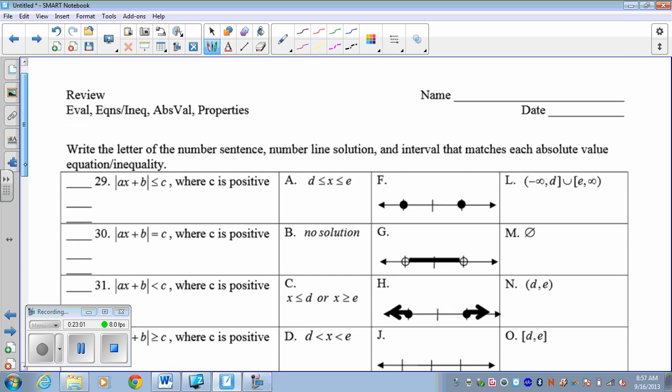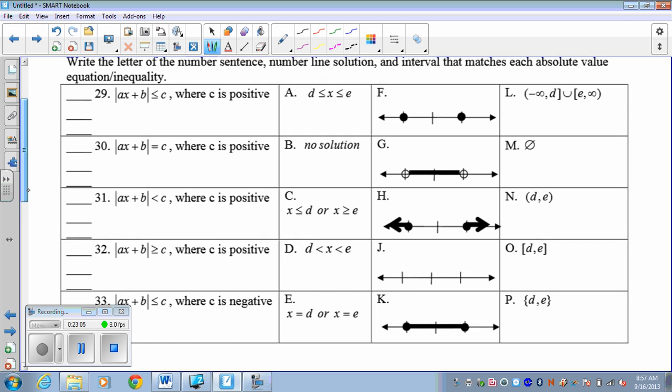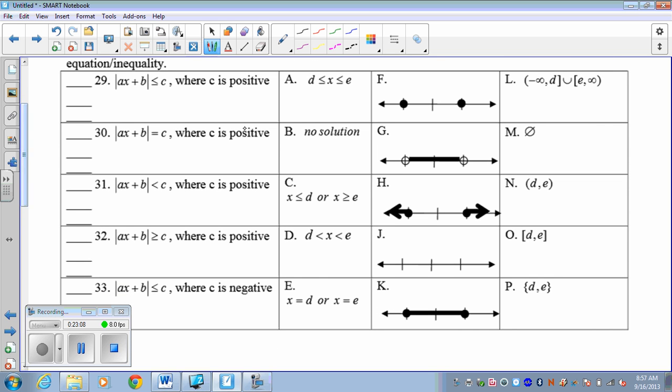Last but not least, you can basically use your pink chart to help you out with this, but I'll go ahead and fly through it here. The graphs are probably the easiest thing. Less than or equal to, you know it turns in with closed circles, so that's got to be k. Here it's equal to, it's a positive, so I'm looking for 2 dots, that's f.